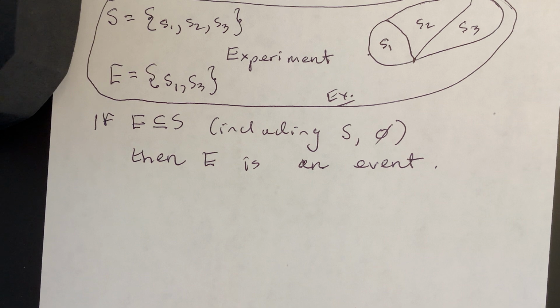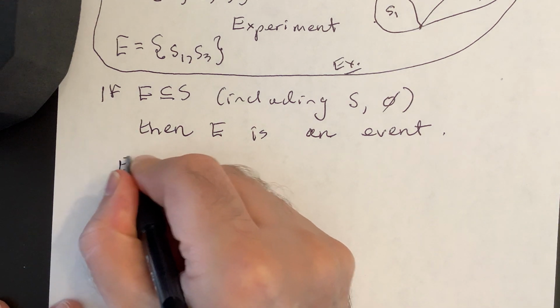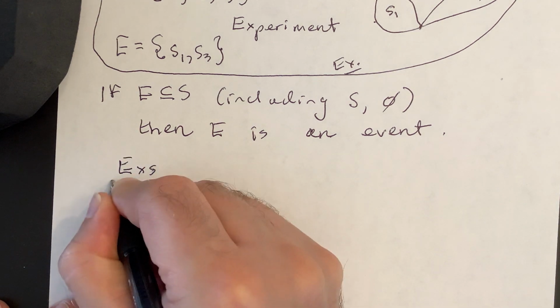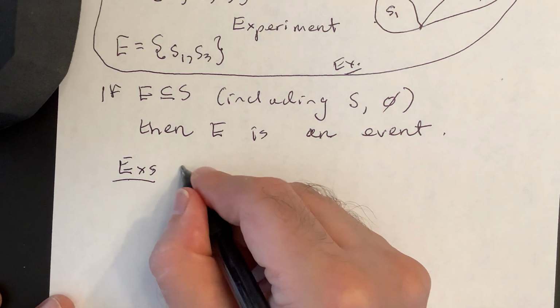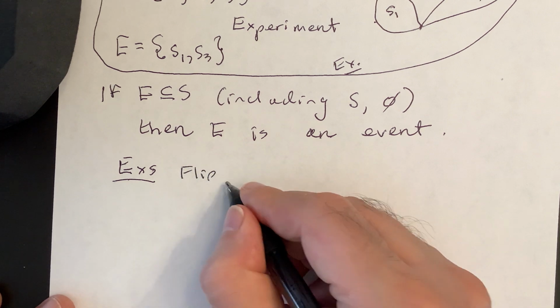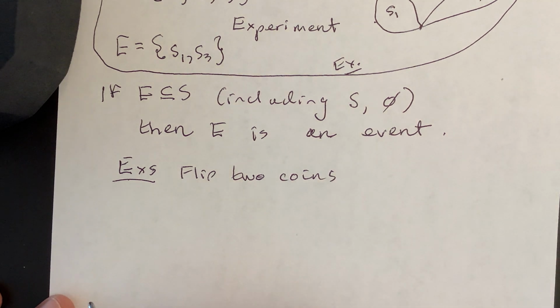All right, so let's look at an example. Suppose we flip 2 coins, which I recognize as coin 1 and coin 2, so I do differentiate between the 2 coins. And I observe heads or tails on each.